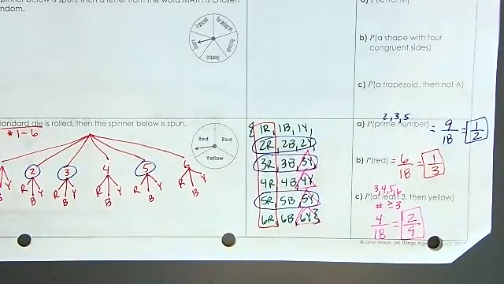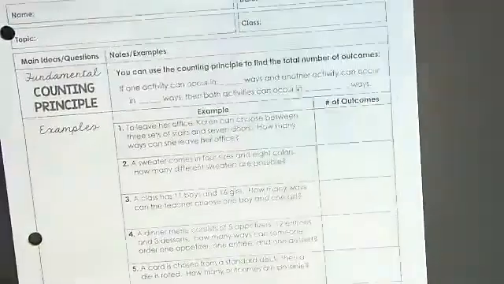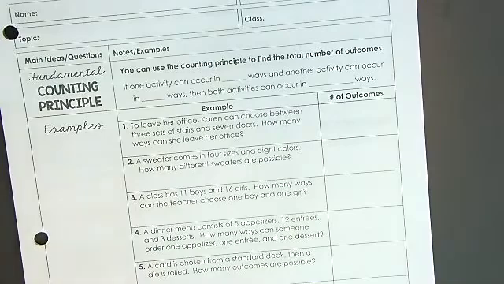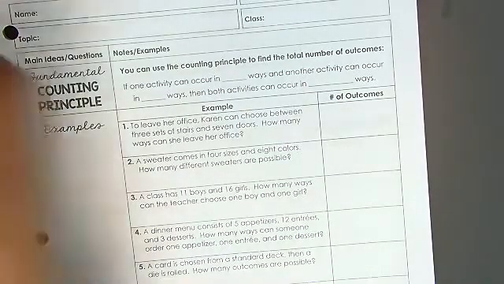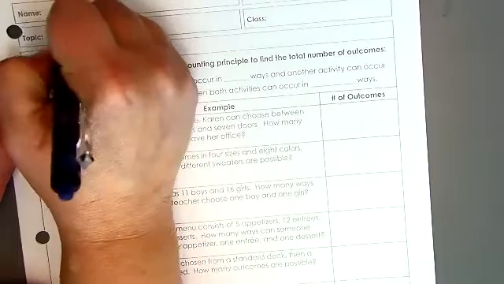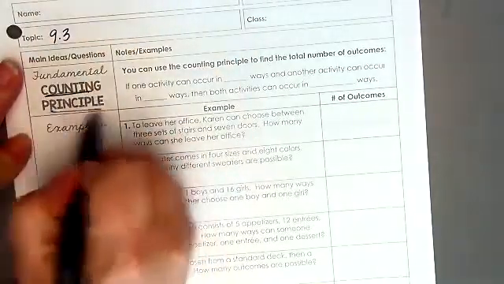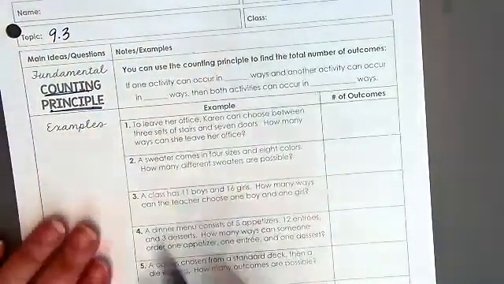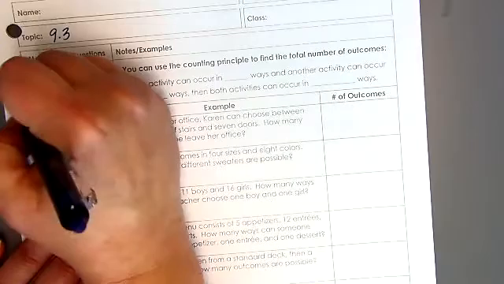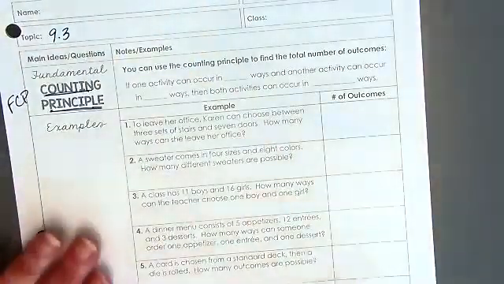Now we're going to talk about a quick way to find the number of possible outcomes. Clicking over to here, this is still the same topic, but this is doing the counting principle, the fundamental counting principle. I think of it as FCP.